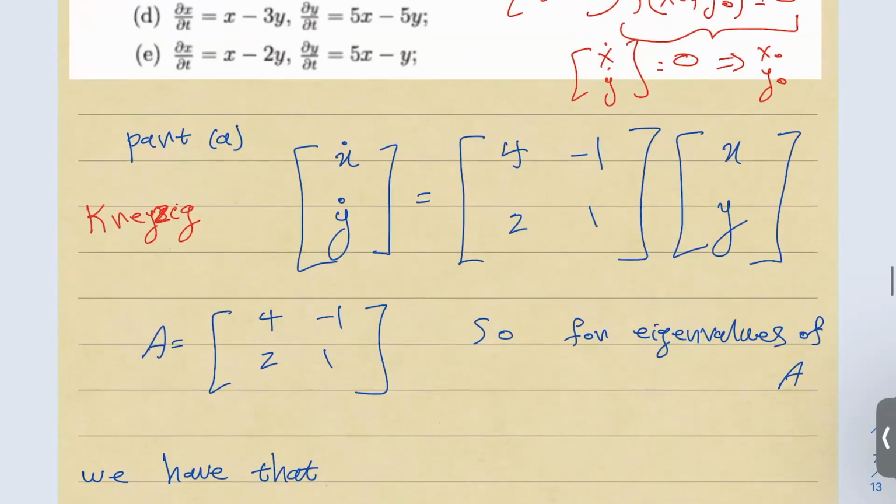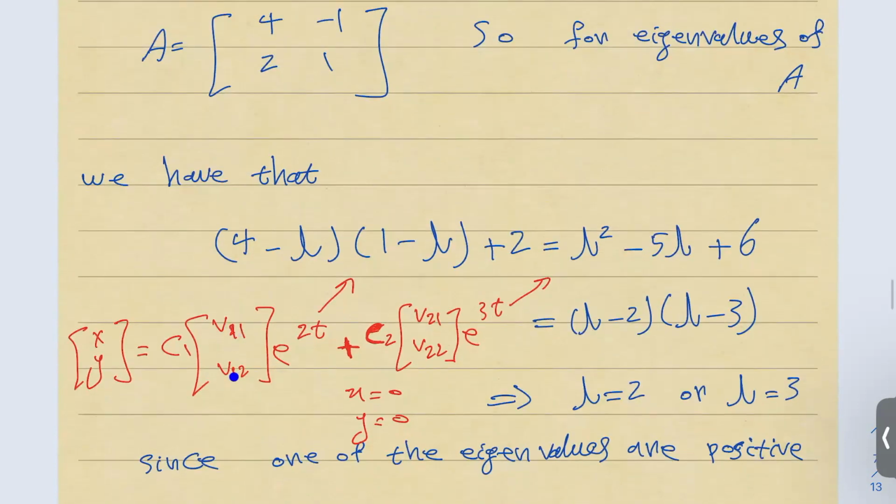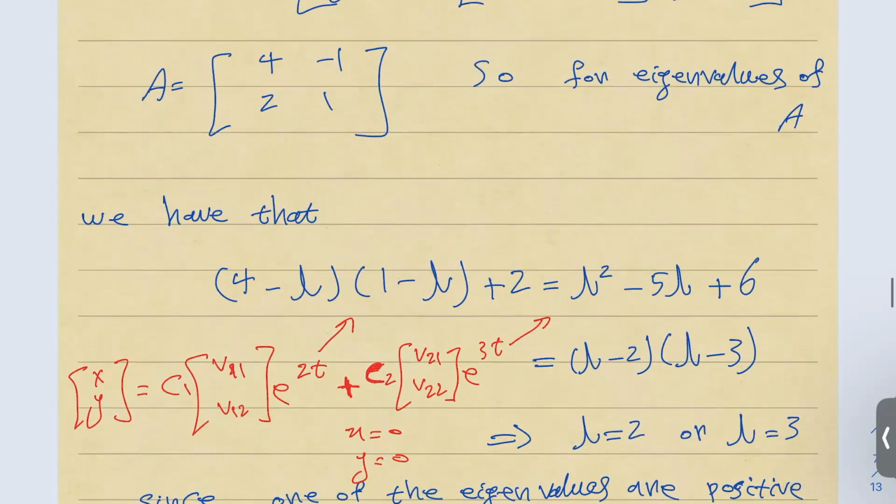So you know that the answer of this one is xy equals C1 times eigenvector, e to the eigenvalue 2t, plus C2 times the corresponding eigenvector, e to the 3t. So the eigenvalues of the matrix A are lambda 2 or lambda 3 as the roots of this guy.